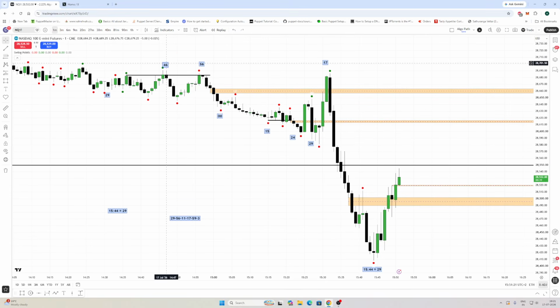So this is how it seamlessly integrates both the algos. Okay. Otherwise, there is no way for me to know exactly at 1544 it will create a low, if not for the algo path.